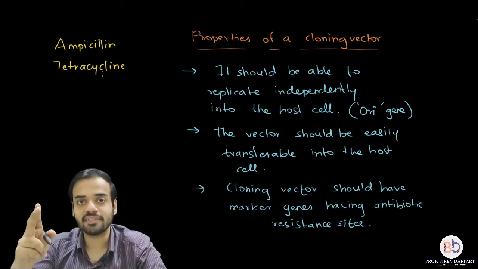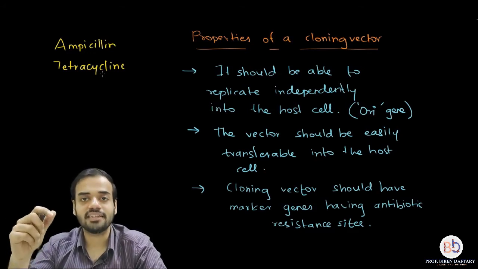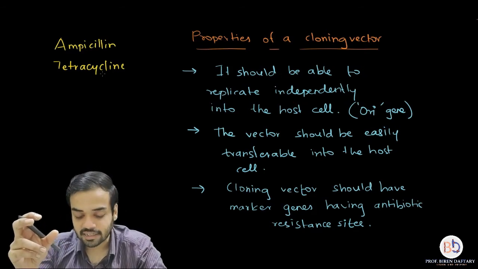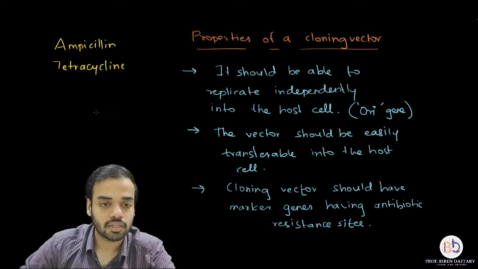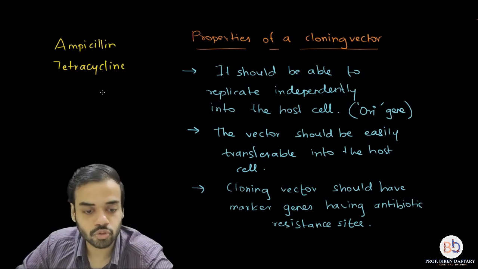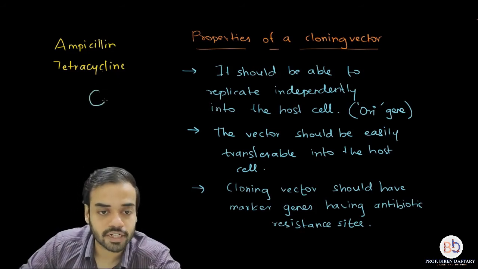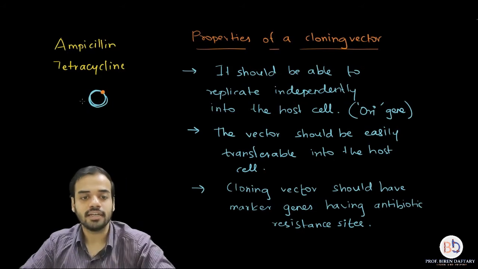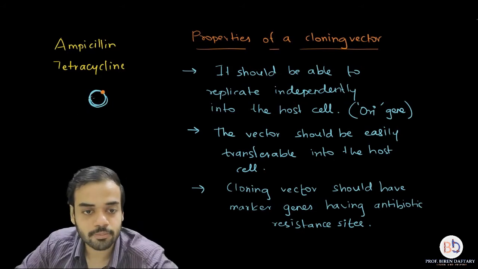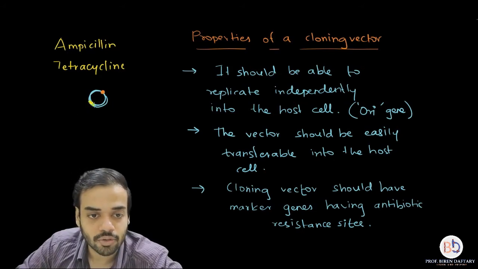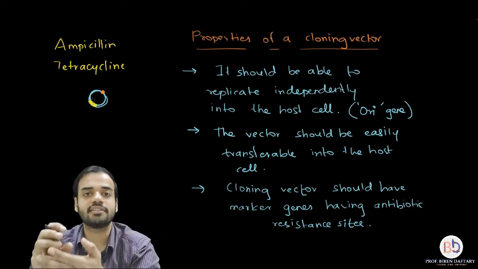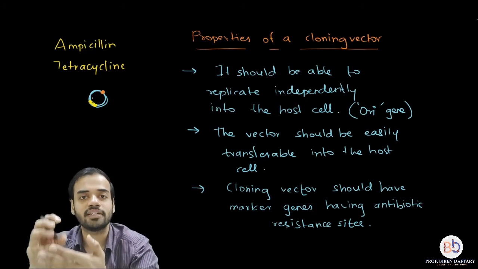Now, please remember, when I say that there is antibiotic resistance, that means suppose I show a cloning vector over here, and in this cloning vector I have inserted the desired gene which is orange in color, and over here I am showing this yellow area, and this yellow area is the antibiotic resistant gene or the antibiotic resistant area.